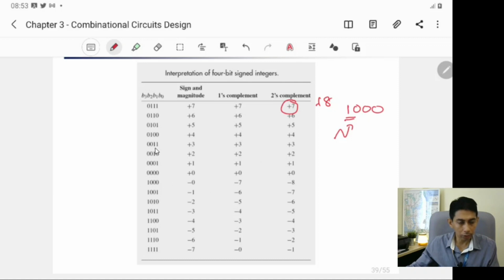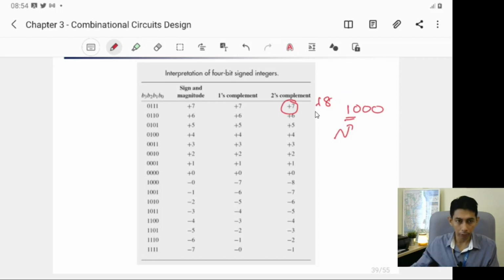So we cannot store positive 8 in the 4-bit system. Also for the negative part, positive we have 0 to 7, negative part we have minus 1, and the smallest is minus 8. So what about minus 9? Minus 9 also cannot be stored in the 4-bit system. There is no space there to store minus 9 or positive 8 or positive 9 and so on.